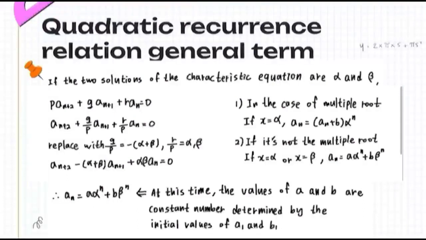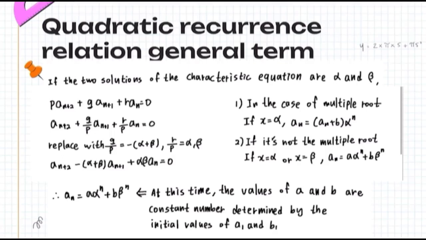From now on, I'm going to derive an equation to find the general terms of the quadratic recurrence relation. If the two solutions of this characteristic equation are alpha and beta, divide both sides of the equation by p. Next, replace q over p with minus (alpha plus beta), r over p with alpha times beta.